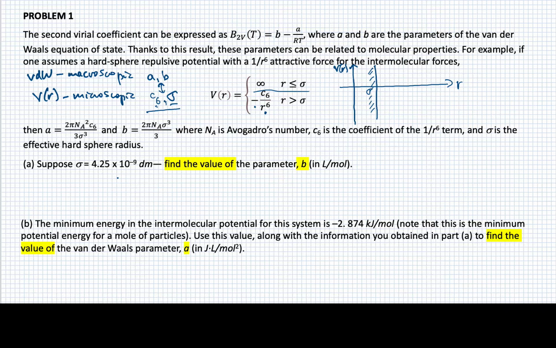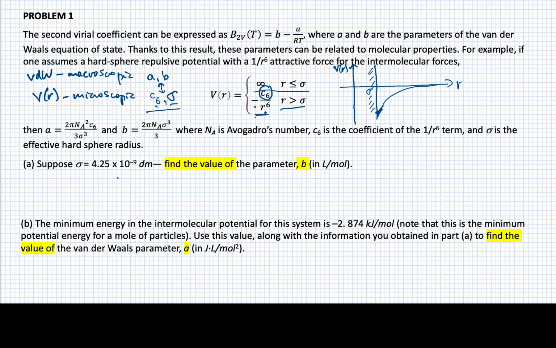All right, when it is outside that radius, however, it's got this attractive potential that is governed by this parameter C6. So at r equals sigma, it'll have some value down here, and then it'll come up and rapidly approach zero as r gets larger and larger, because r is in the denominator here. So we have a potential that looks something like this.